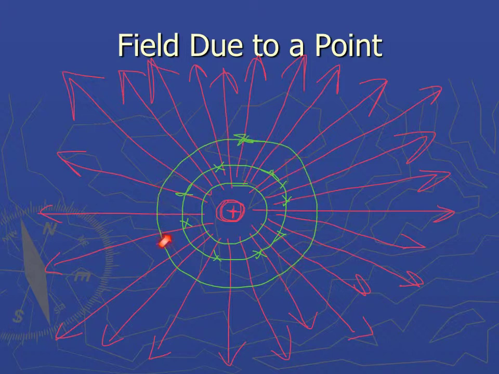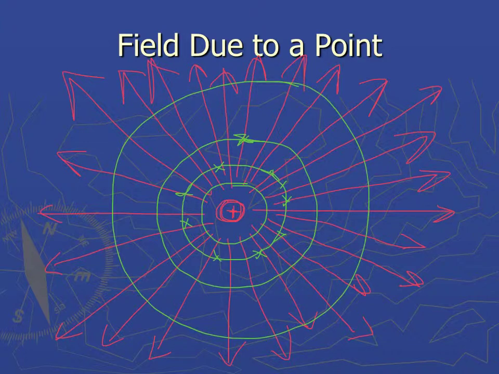This line is all the same, but less than this interior line. We could do this as we get further and further out, and each line represents a series of positions where the potential is the same. As we get further out, that potential decreases.